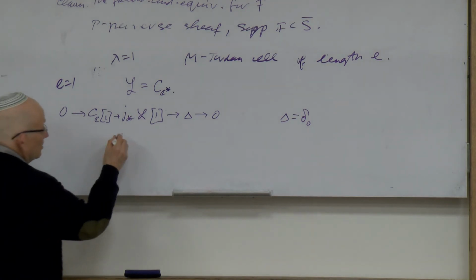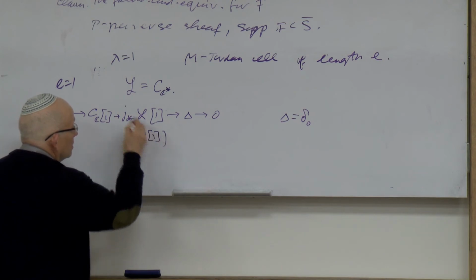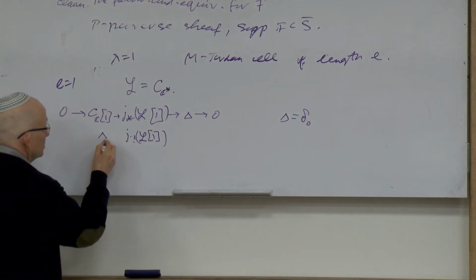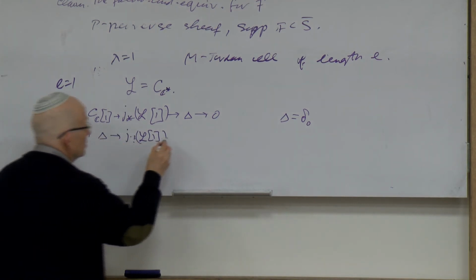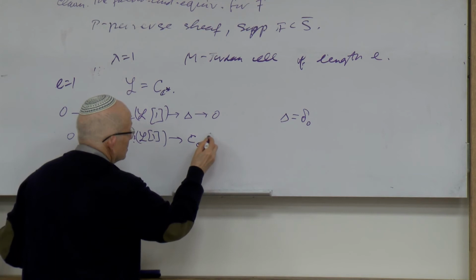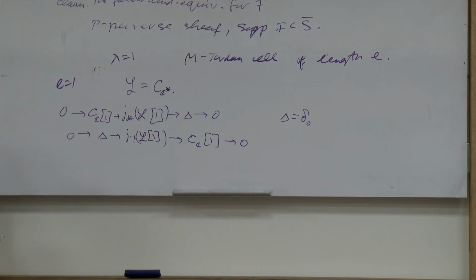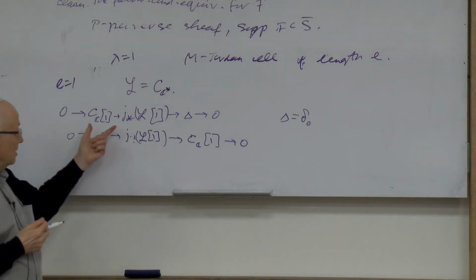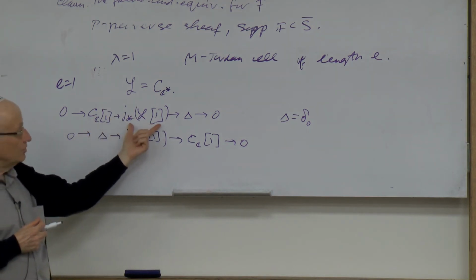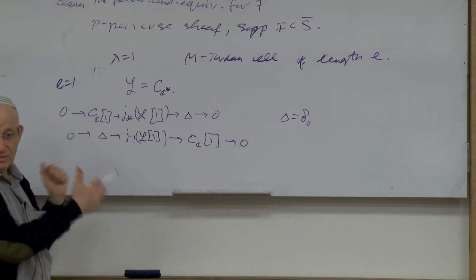Now, by duality for J star of L, for J shriek, by duality you have the dual system. So these two things are irreducible perverse sheaves. This perverse sheaf is glued from this and this guy, and this also glues from this guy, but in the opposite direction.